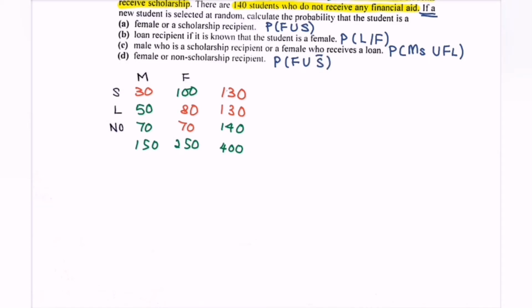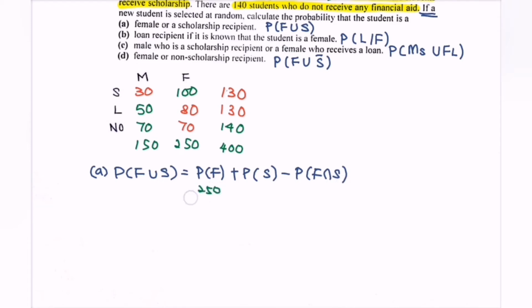So here we have the questions. So based on the situation, A, the probability is that female union with the scholarship. So by referring to the formula, we have probability for female plus the probability for scholarship minus the probability for female intersect with the scholarship. By referring to the table, we will have female, which is 250 over 400, plus, next, the probability for scholarship.